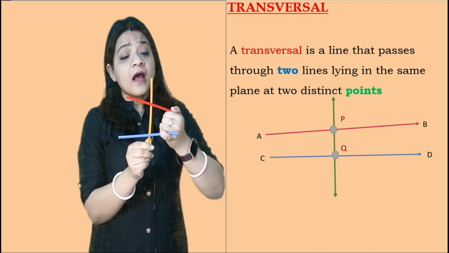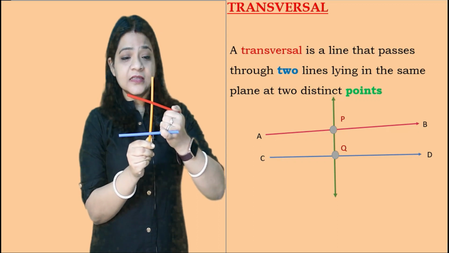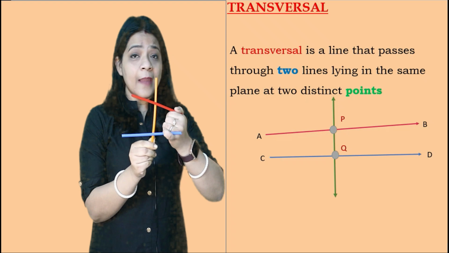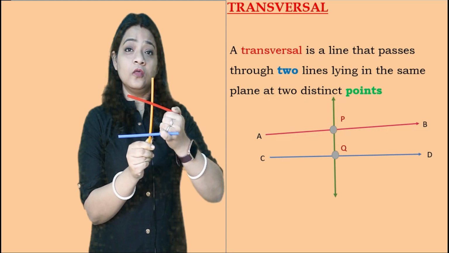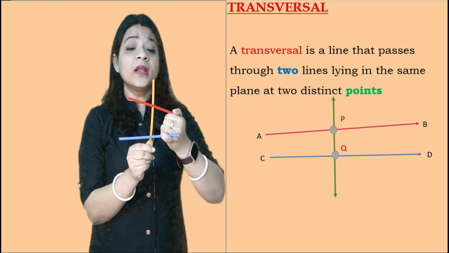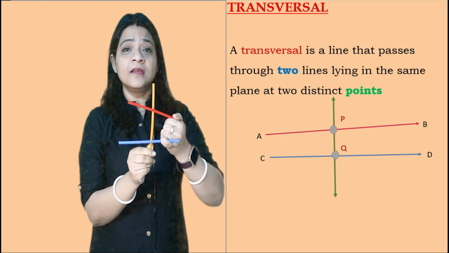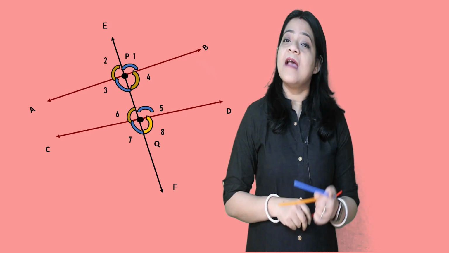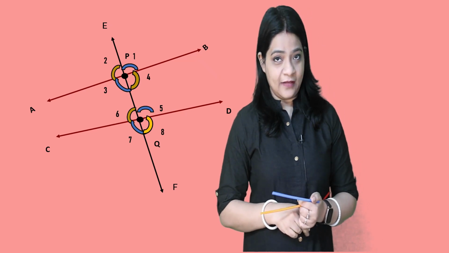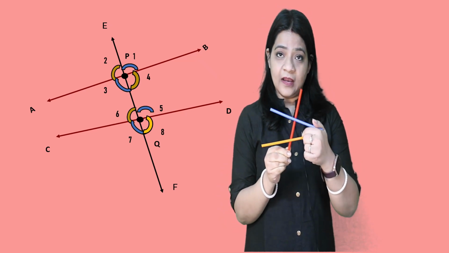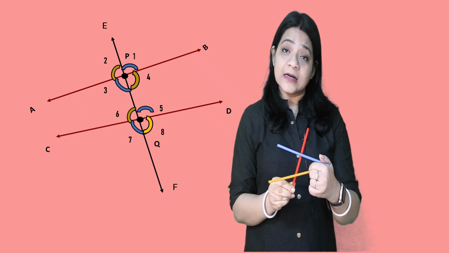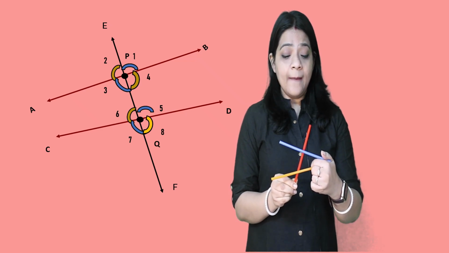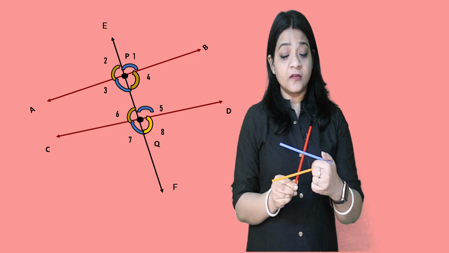Now as the transversal cuts these two lines, different types of angles come into the picture, and we classify these angles into different names. Let's consider AB and CD are the two lines, and the transversal EF cuts the lines AB and CD at points P and Q.